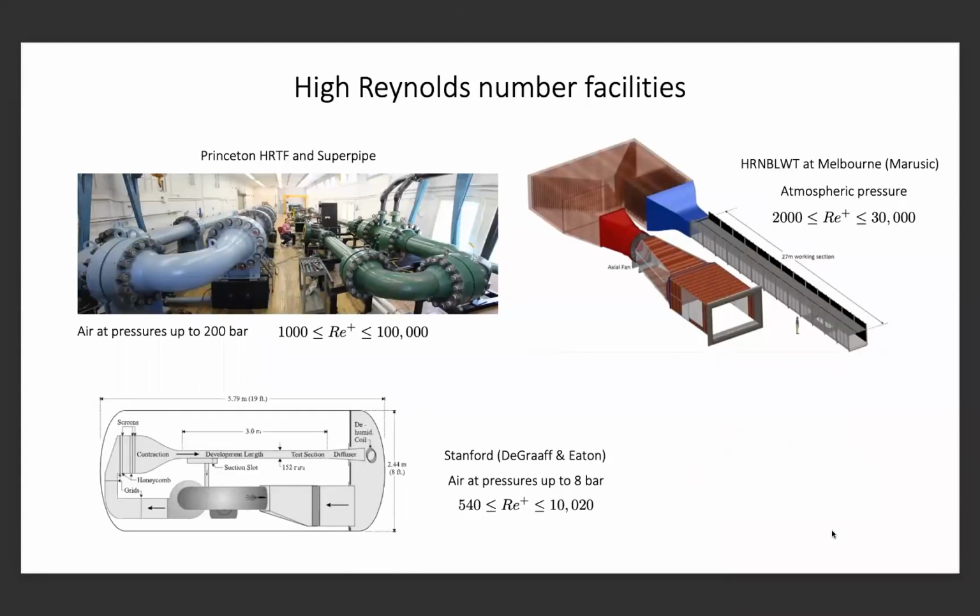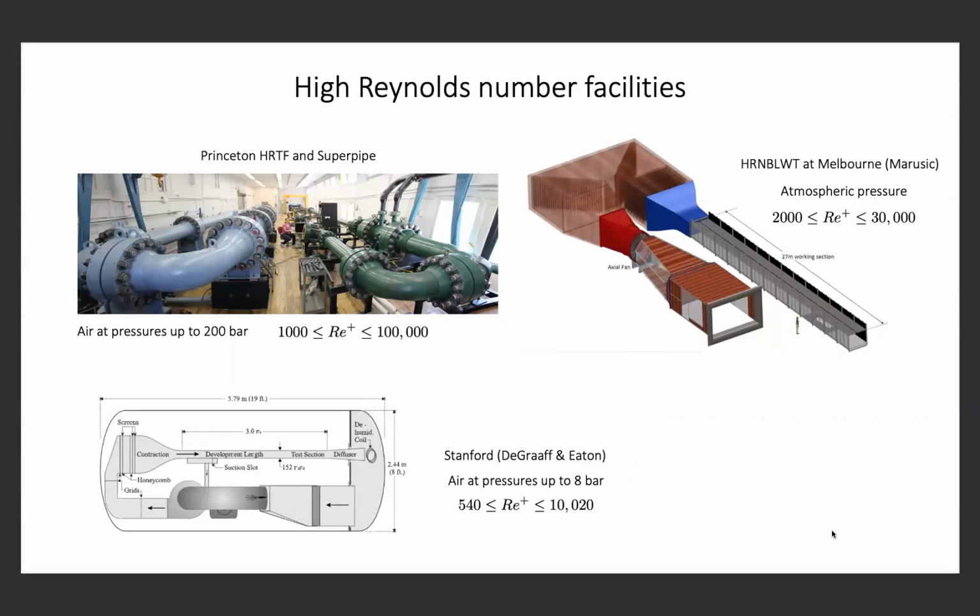To do that, we really needed to build some special facilities because we wanted high Reynolds number under laboratory conditions so we can take accurate measurements, very controlled conditions. At Princeton, we chose the idea of using high pressure as the working fluid, and that would give us very high Reynolds numbers in a relatively modest size facility. You see on the left the blue facility, the high Reynolds number test facility.